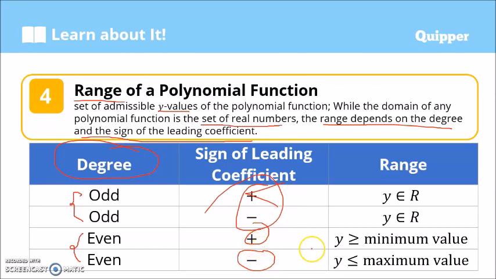If it's positive, then y is greater than or equal to the minimum value. Okay, minimum value. Then, if negative ang leading coefficient, then y is less than or equal to the maximum value. Okay? Maximum value.